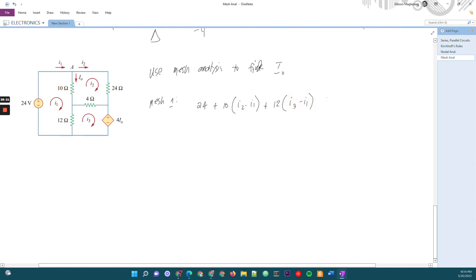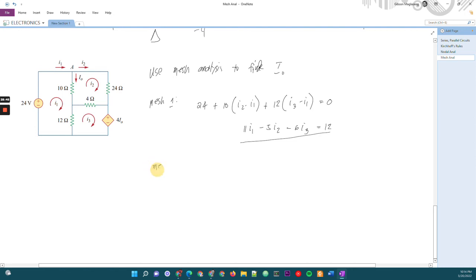Okay, this is equal to 0. So simplifying this one, combining all similar terms, you get 11 I1 minus 5 I2 minus 6 I3 equals 12. Okay, this is for mesh 1.